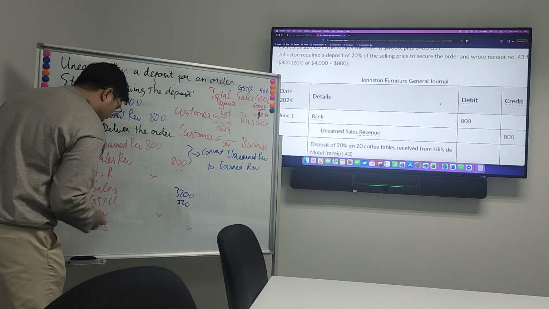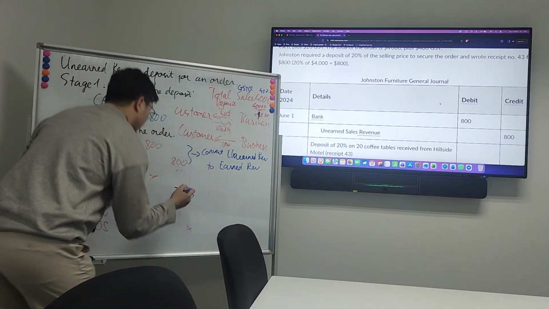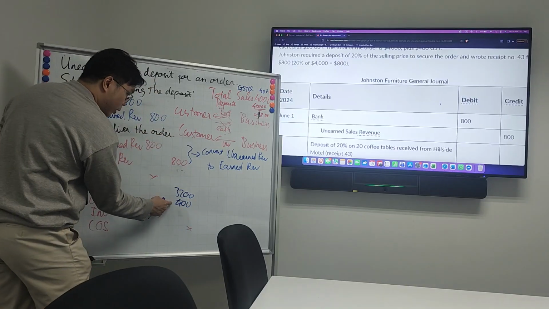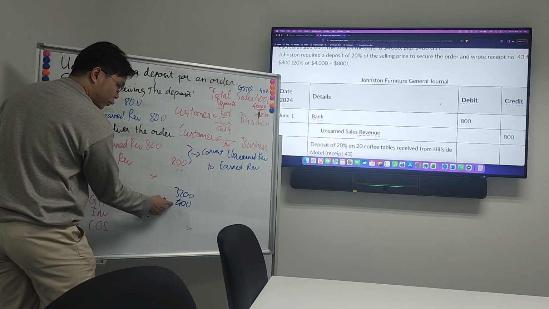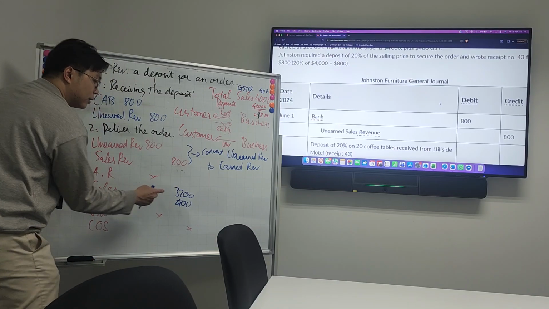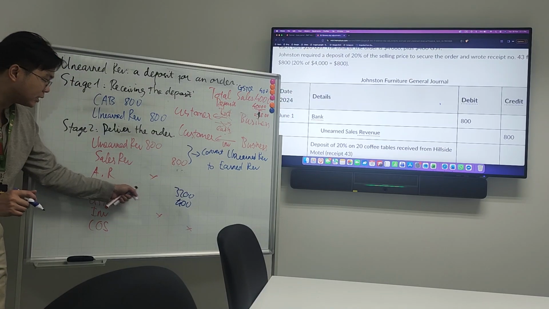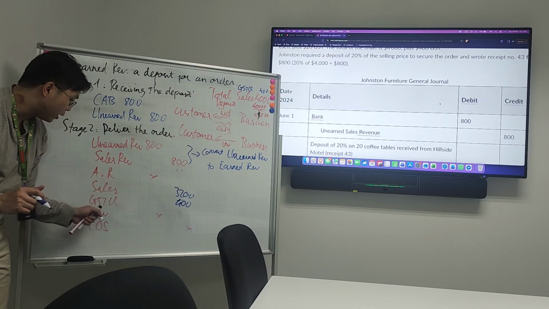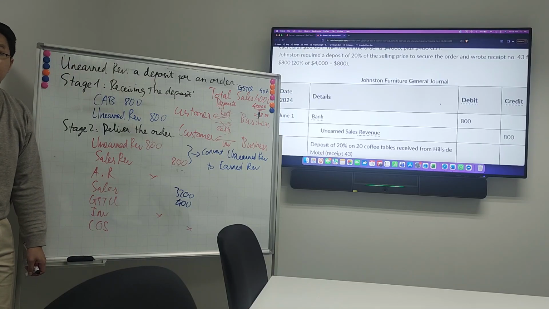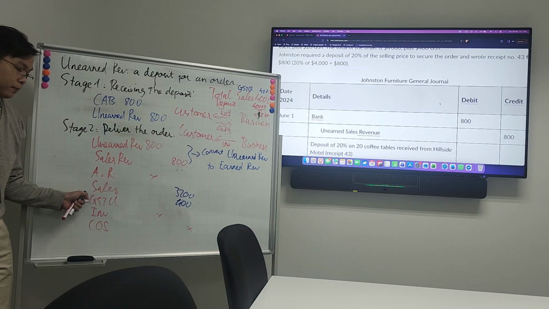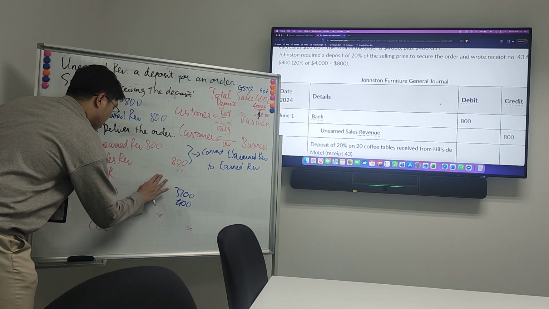So it's not 320. It should be 400, which is 320 of these sales and $80 of the earlier sales. This is very important. This is the most common mistake students make when recording these entries. The moment they see sales 3,200, they immediately write GST clearing 320, which is wrong. So you have to pay attention here. And accounts receivable naturally would be the total of this one and this one, which is 3,600.